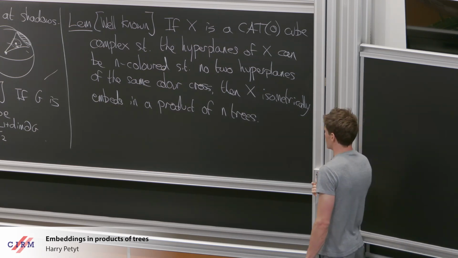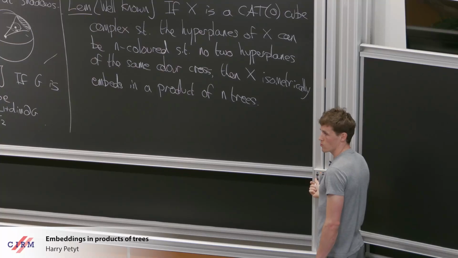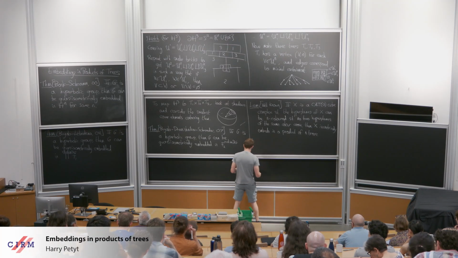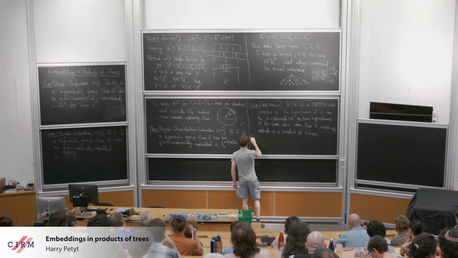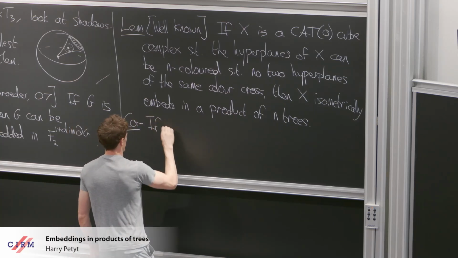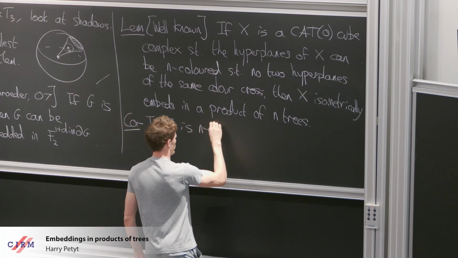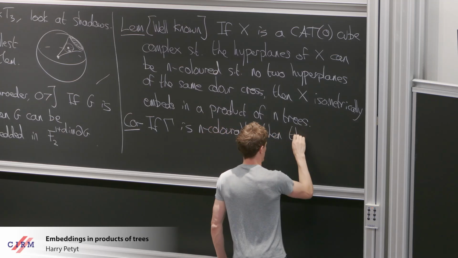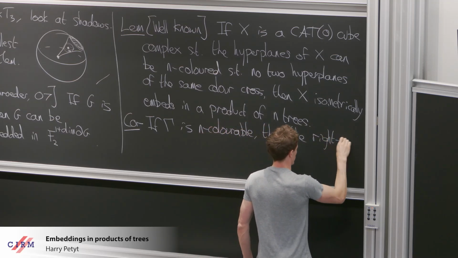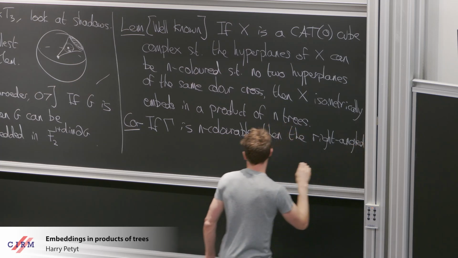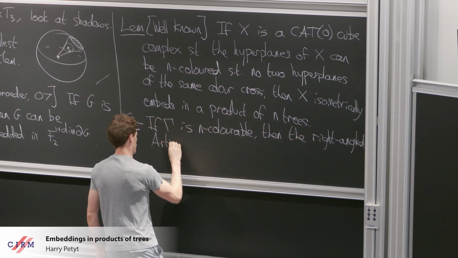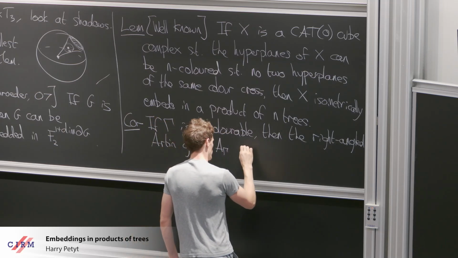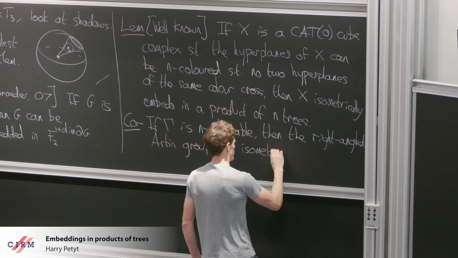Okay, so one situation where you can apply this lemma is for right-angled Artin groups. So, corollary: if gamma is n-colorable, then the right-angled Artin group A gamma isometrically embeds in a product of n trees.